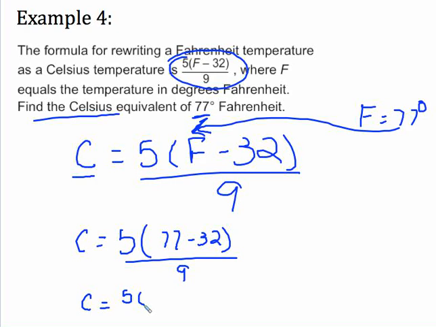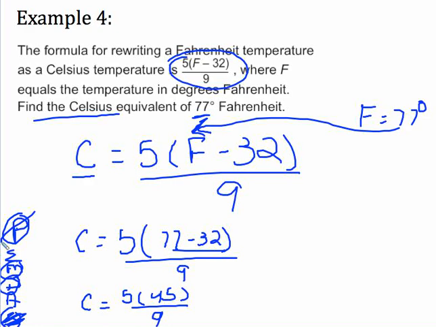Now I have to think again about order of operations. I see parentheses, multiplication, division, and subtraction. But the subtraction is within the parentheses, so I'm going to cross that out because we don't have to think about it yet. I'm going to do parentheses, multiply, and then divide. 77 minus 32 is 45.